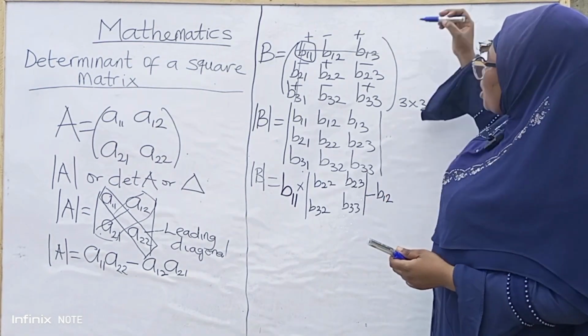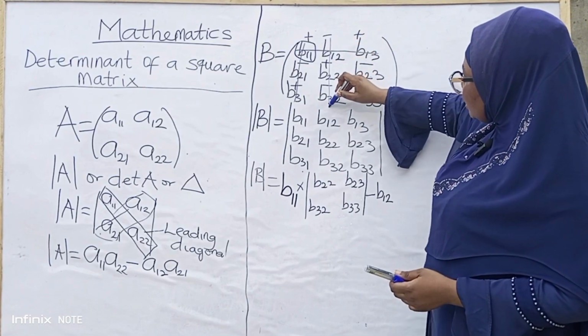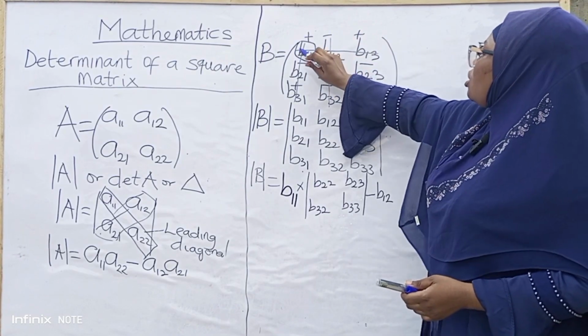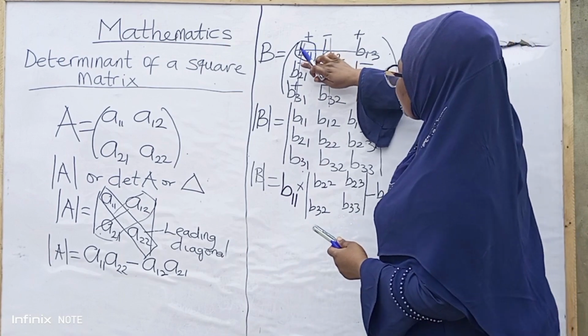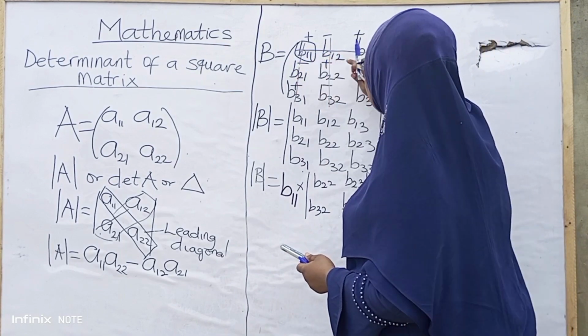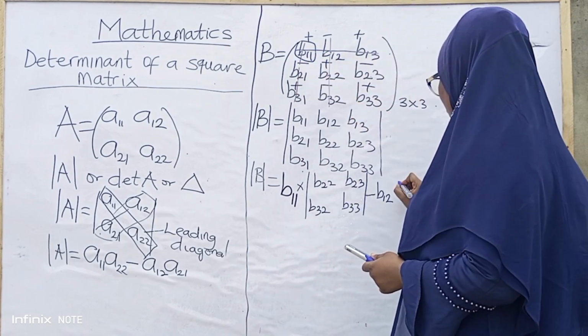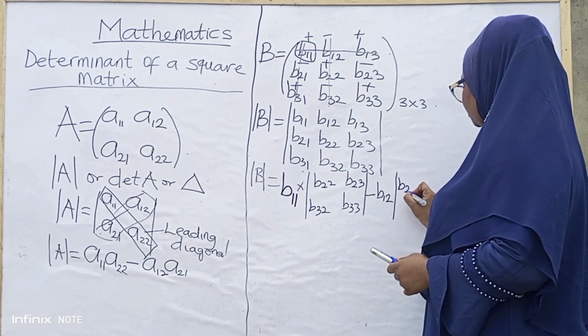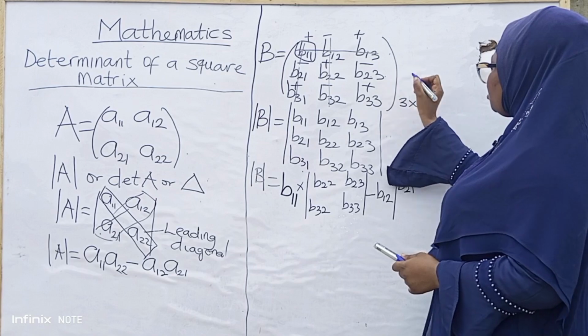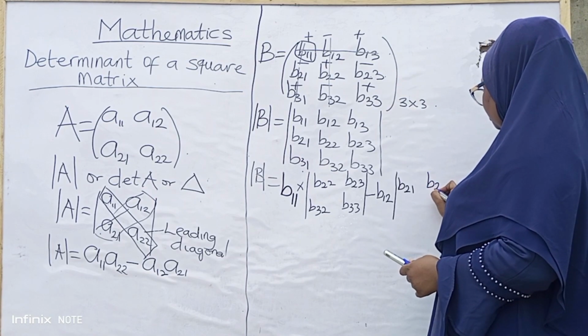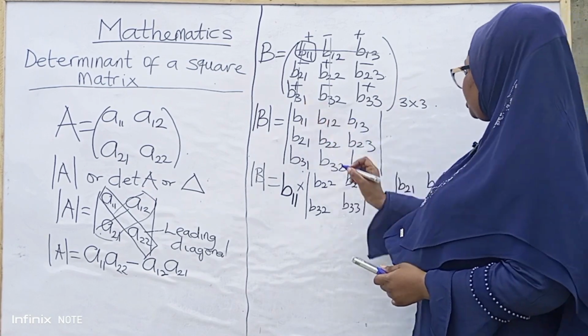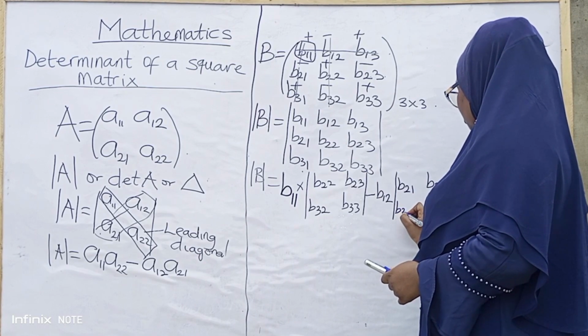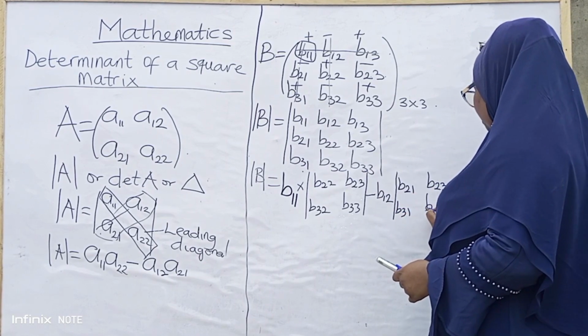You cover where it belongs vertically and horizontally. We are left with B21, B23, B31, B33, and we find their determinant.